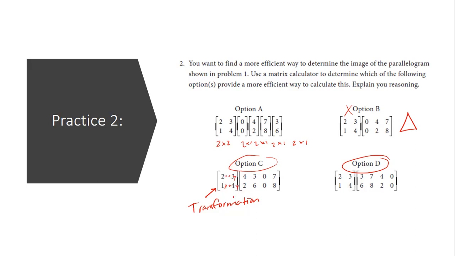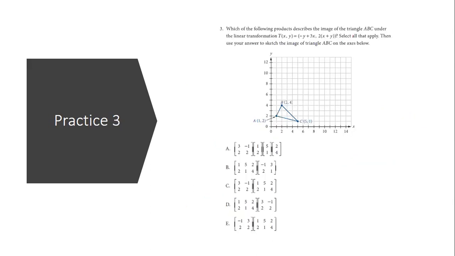That order must not change. Next, here, it doesn't matter about the order, but the vertical matching must be correct. Order doesn't matter, but your x's and y's must be paired up vertically. If not, then you will mess up. Got it? All right, so let's go to practice 3.